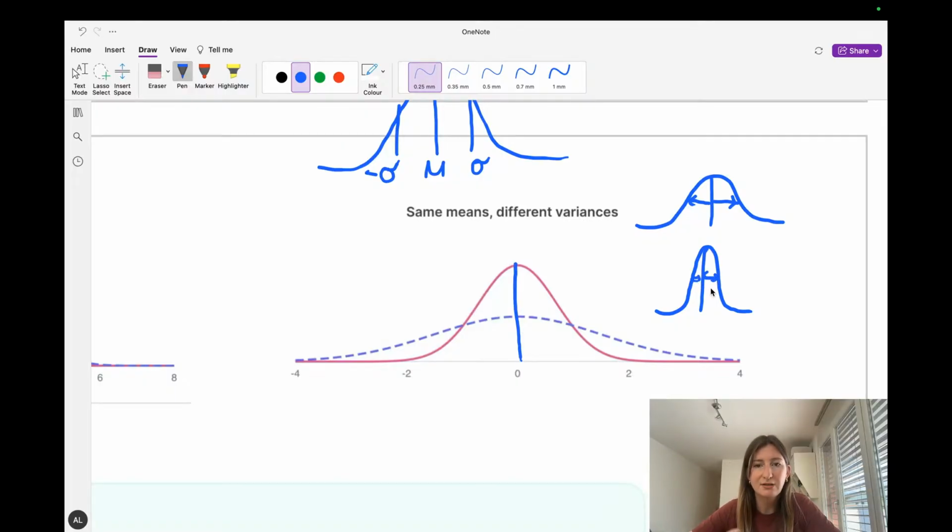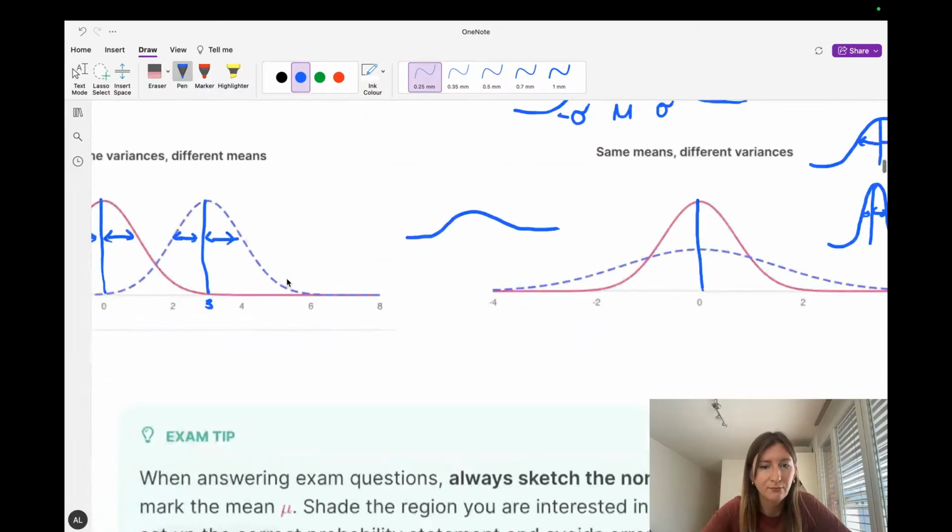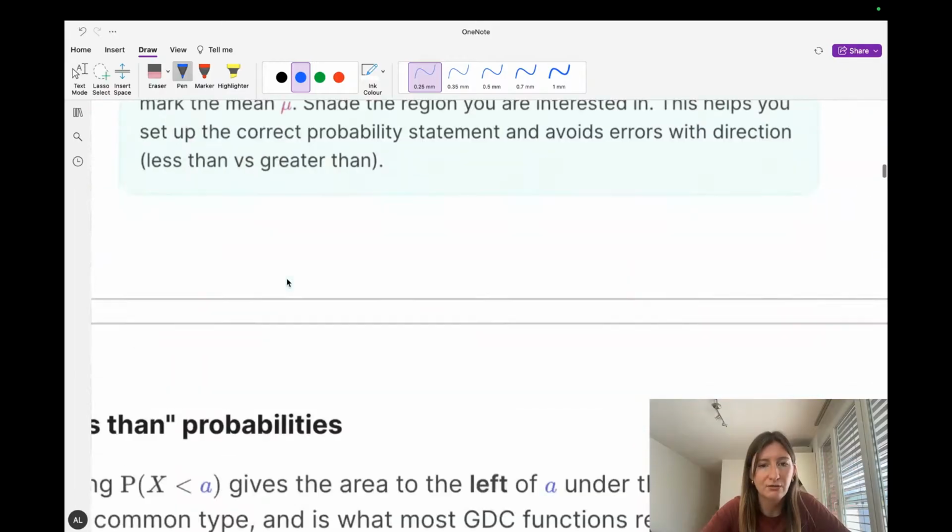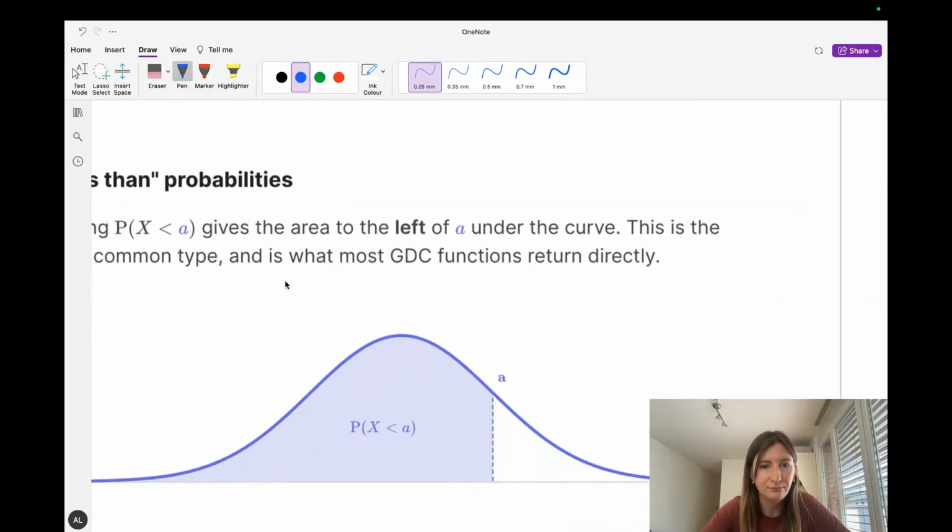So that means the data is more close to the mean. It's not so spread out. Here it's quite spread out. And if we do it like this one here, it's really, really spread out. All right. So always sketch it. Promise you it's going to help.